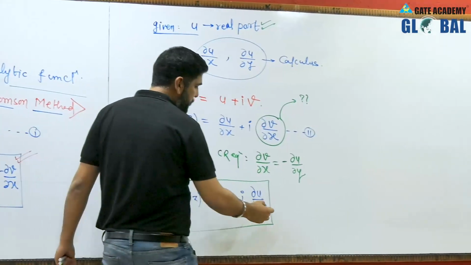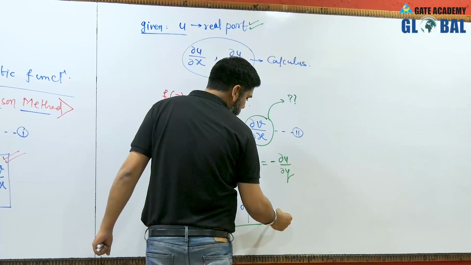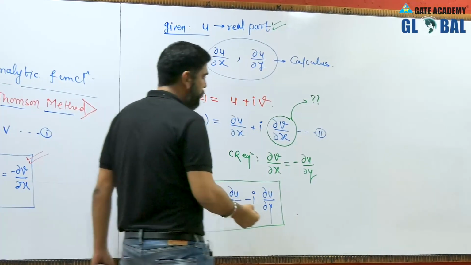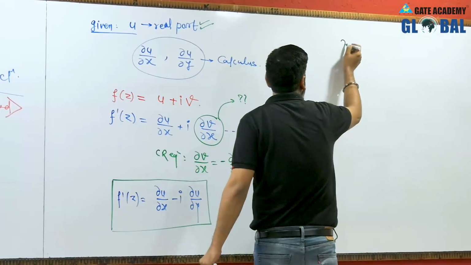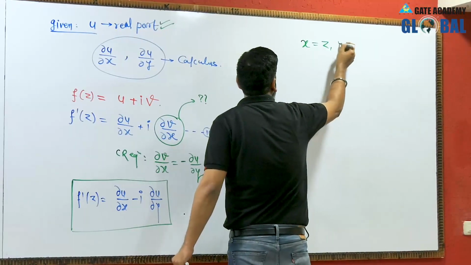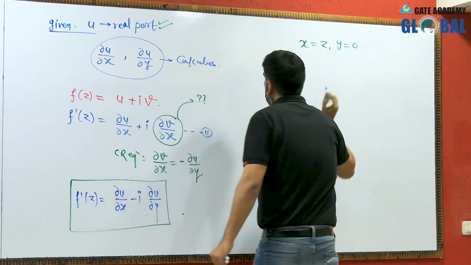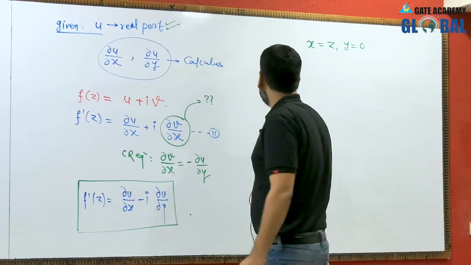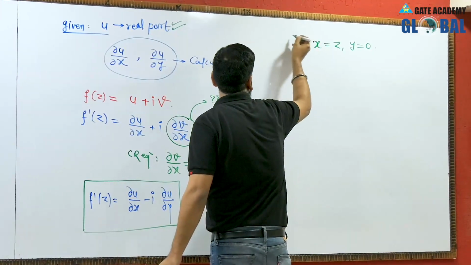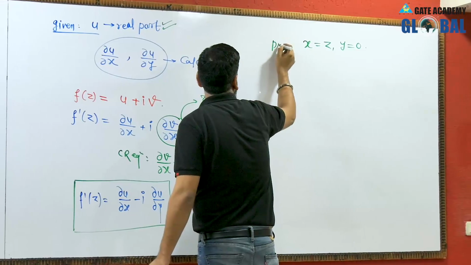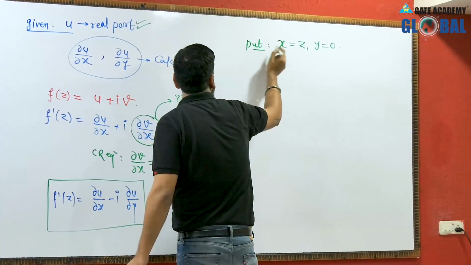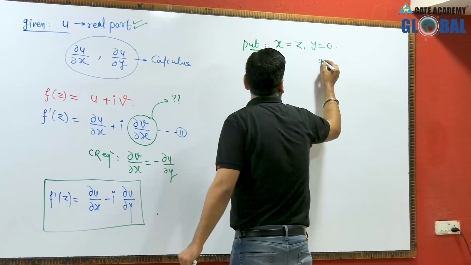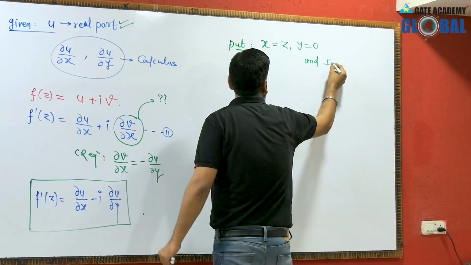Now, because we need to find the value of f(z), we need to integrate it. By putting x is equal to z and y is equal to 0, we will have our answer. So put x is equal to z and y is equal to 0 and integrate.